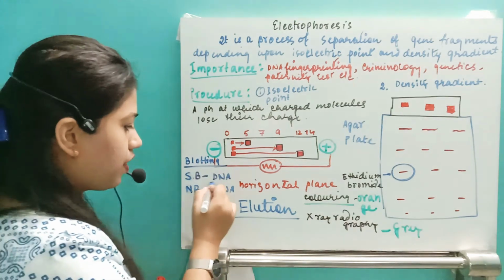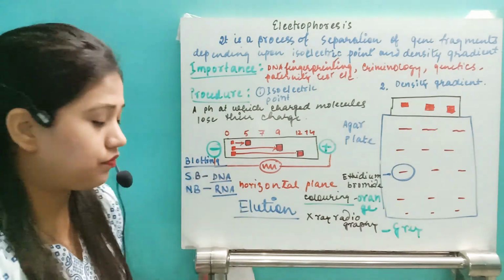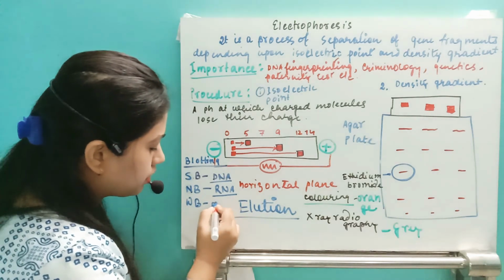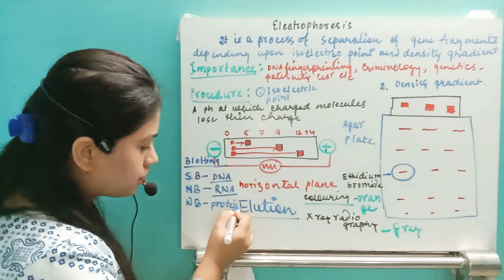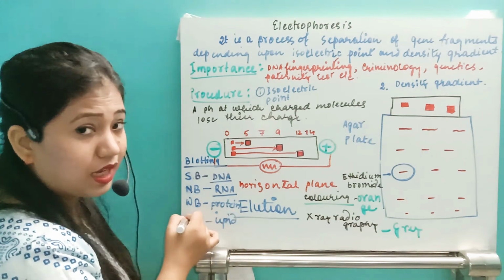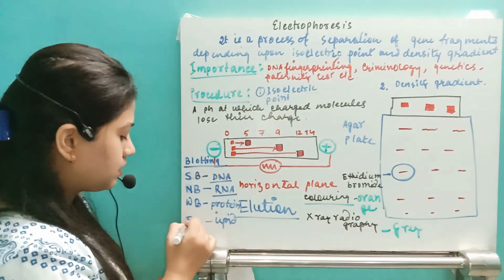Okay, this way we can separate out. If it is the Western blotting, then we can separate the protein because it is also charged. And if it is the lipid fragment, then we have another one, the Eastern blotting.